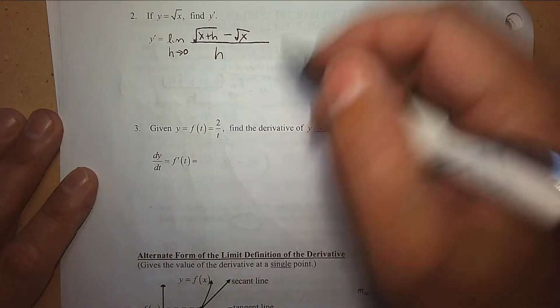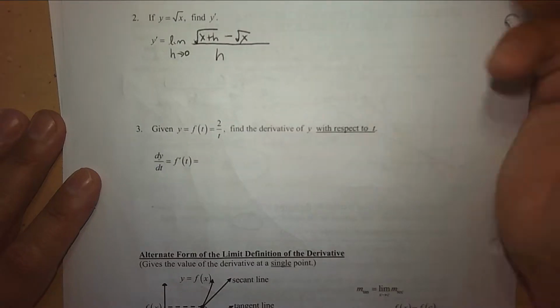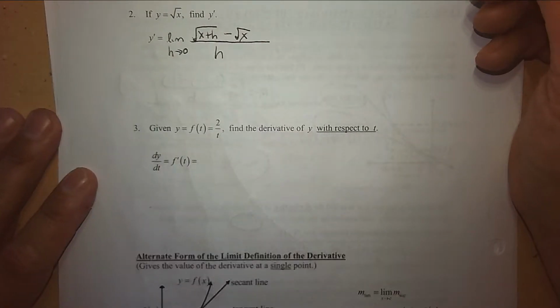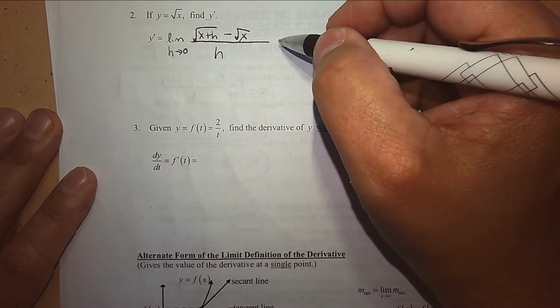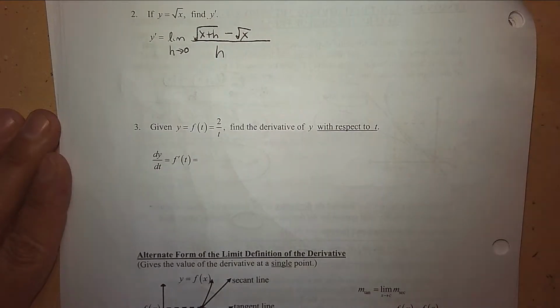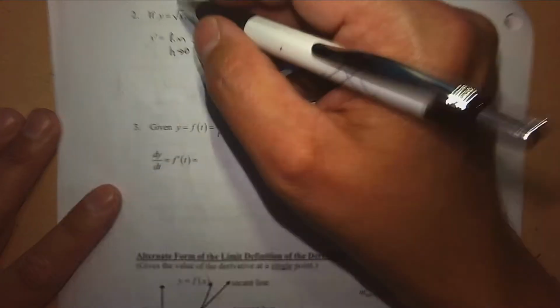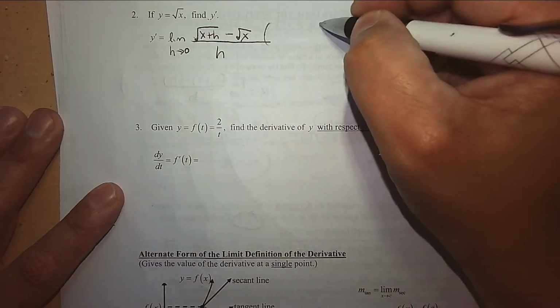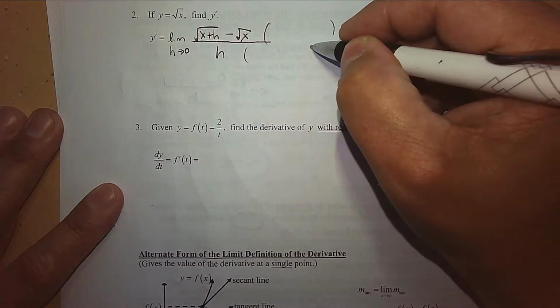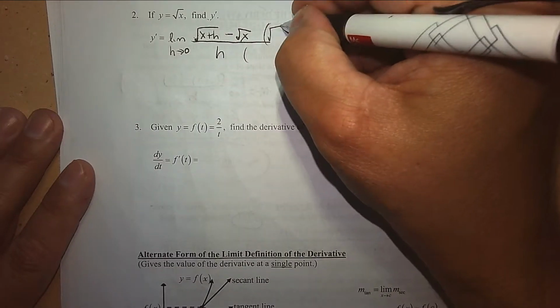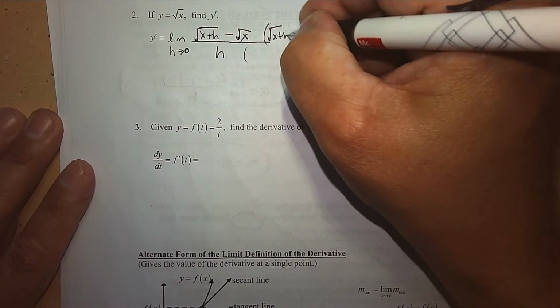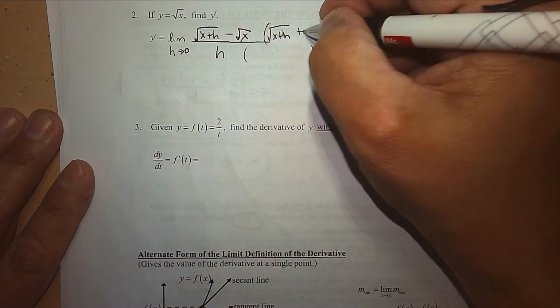How do I simplify this? Do you see the numerator? Do you remember what we use when we have square roots? It's not factoring. What is it? The conjugate. I heard it. Thank you. What's the conjugate of the numerator? Plus, right?